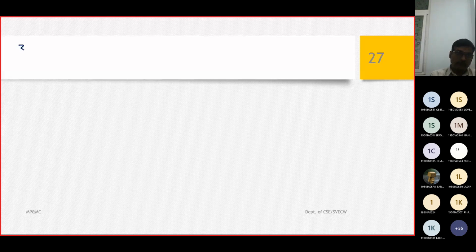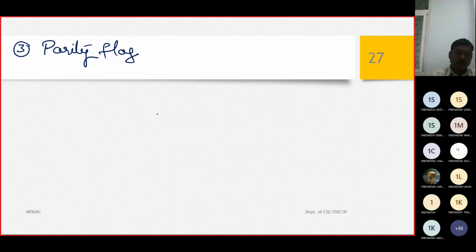The third thing we are going to call the parity flag. The third type of flag we are going to assume will be the parity flag. Now, when we discuss the parity flag, there are 2 types of parities.